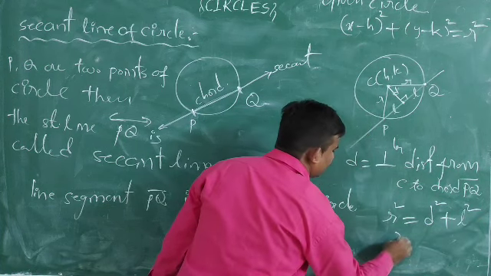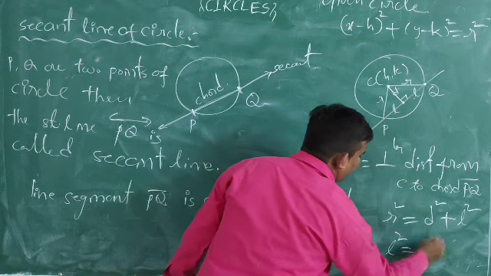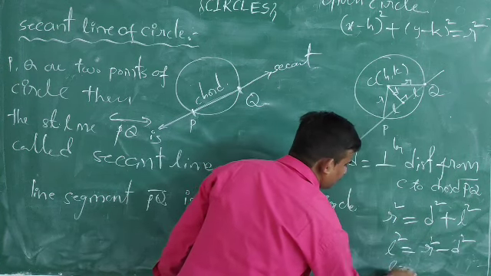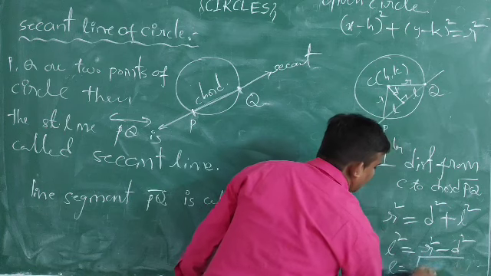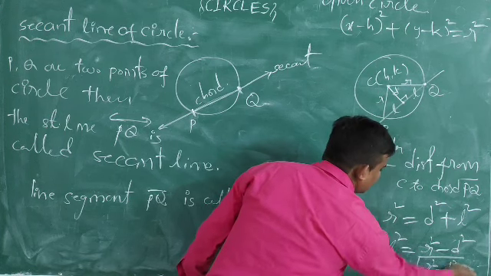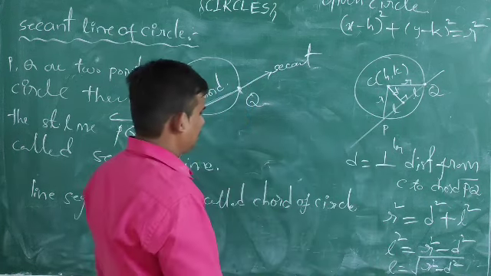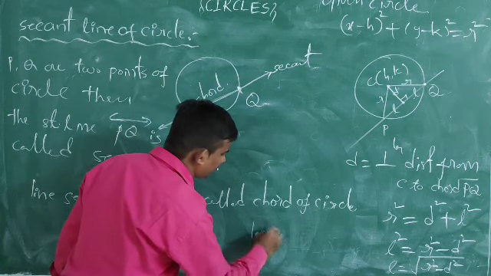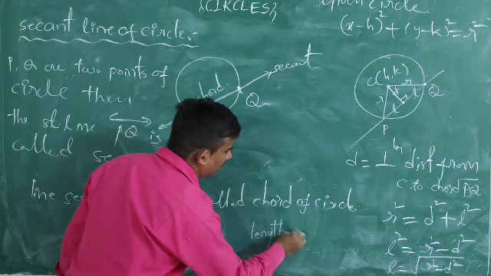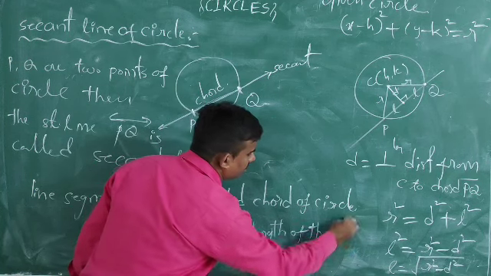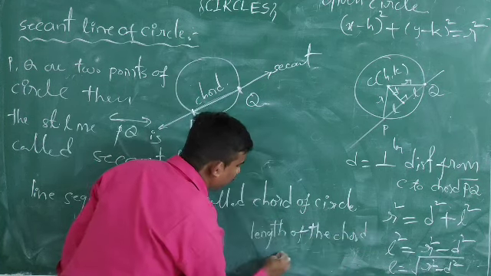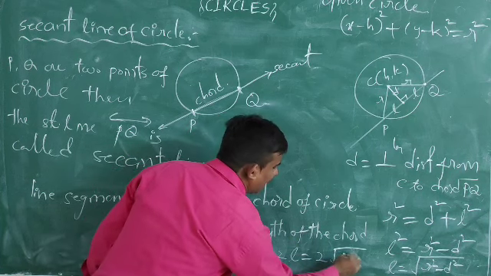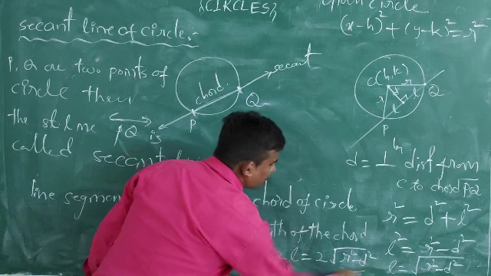And from it, L square equal to R square minus D square, and L equal to square root of R square minus D square. So very clearly, the length of the chord equals 2 into square root of R square minus D square.